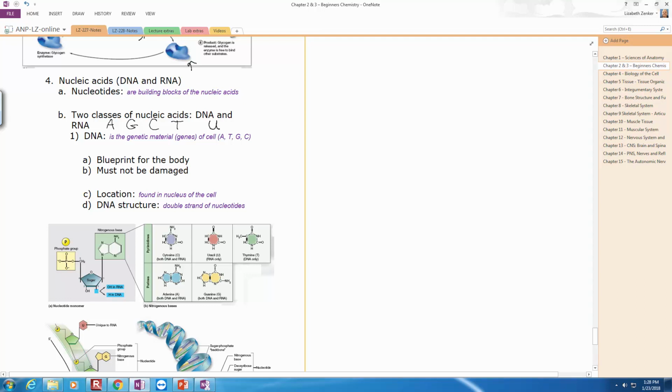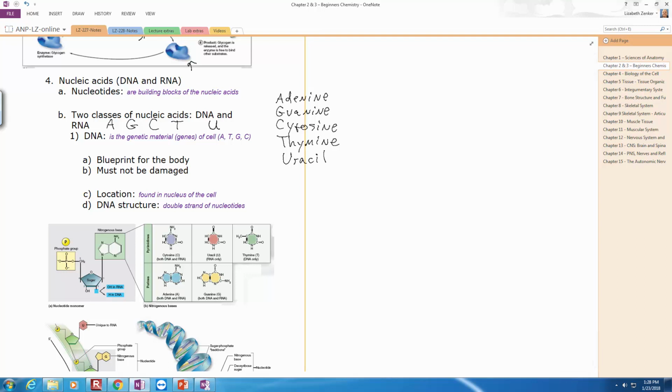Do you guys want me to spell out the adenine, guanine? Yeah? Okay. So we have adenine, guanine, cytosine, and thymine if it's DNA, or uracil if it's RNA.